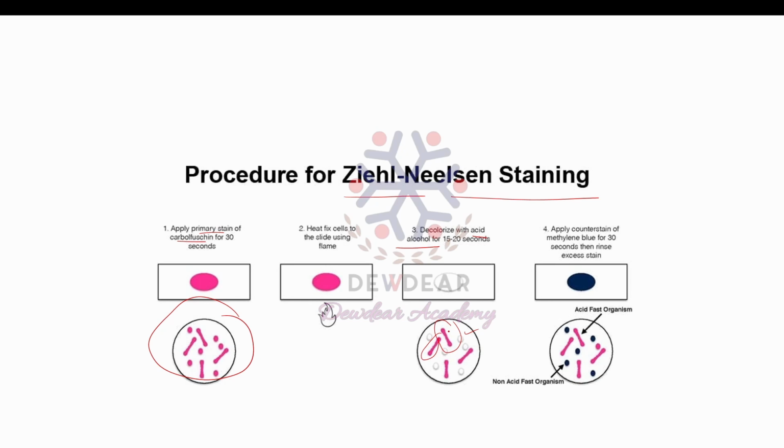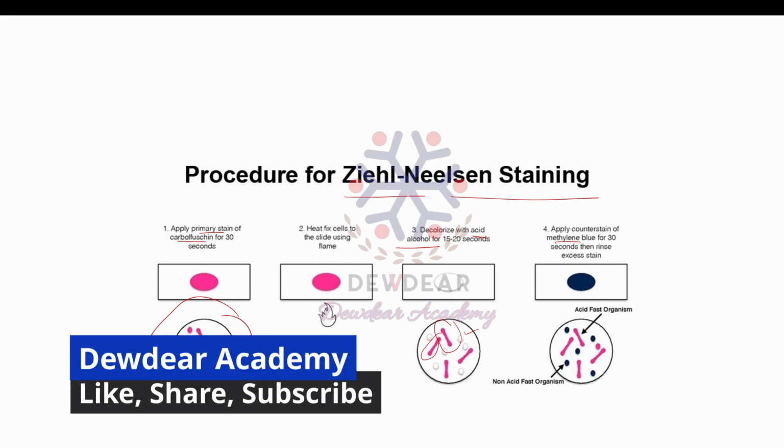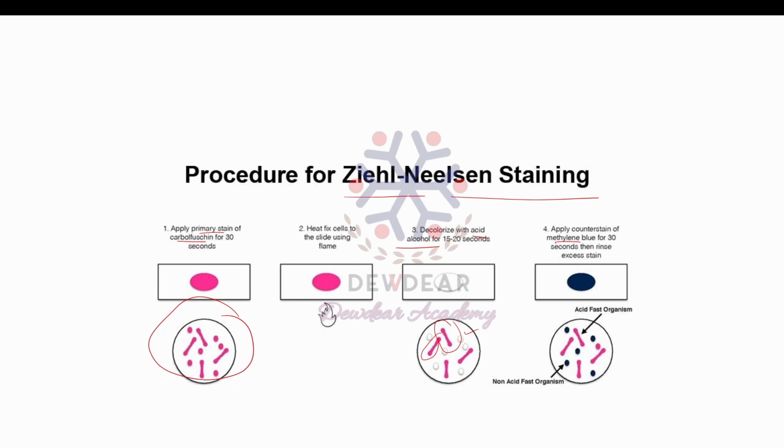If we then apply the counter stain, methylene blue, we can see the results: the acid fast bacteria are stained red, and the others become blue. So this is the procedure for Ziehl-Neelsen staining. This method is a key diagnostic technique for tuberculosis and also other diseases caused by Mycobacteria.